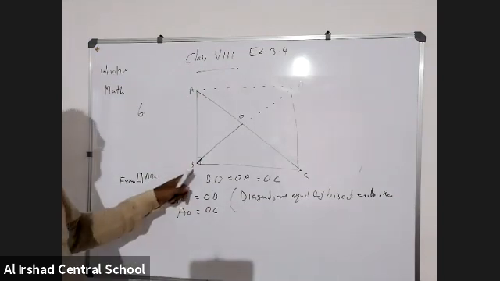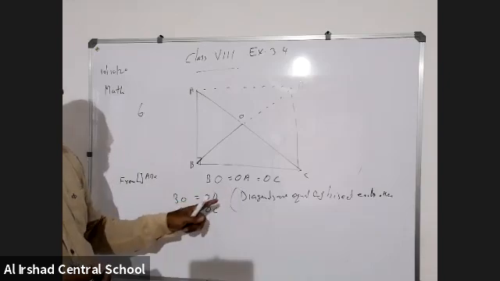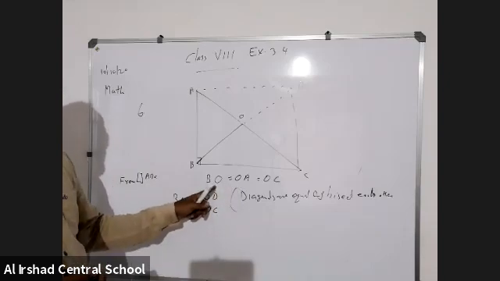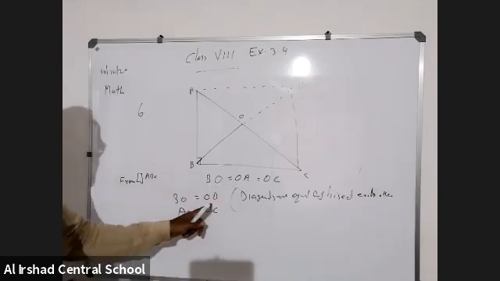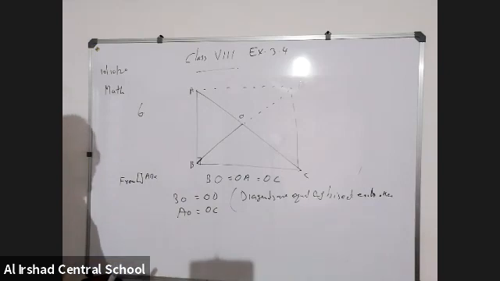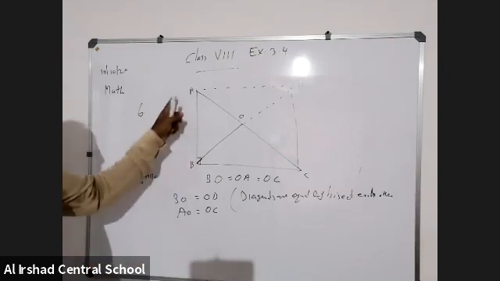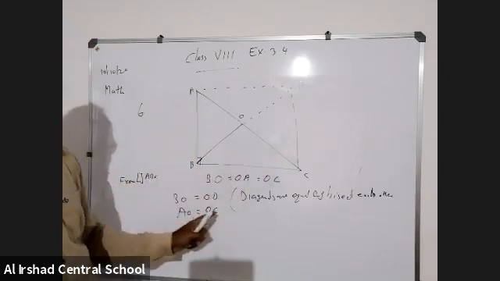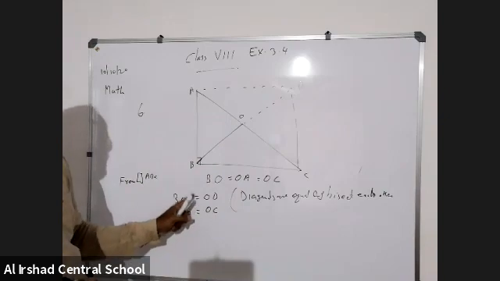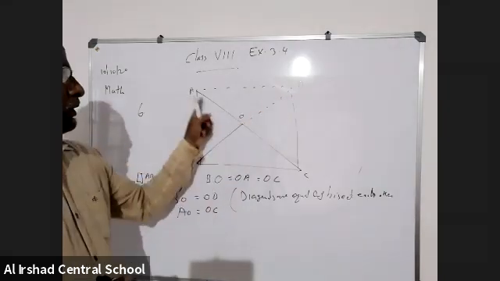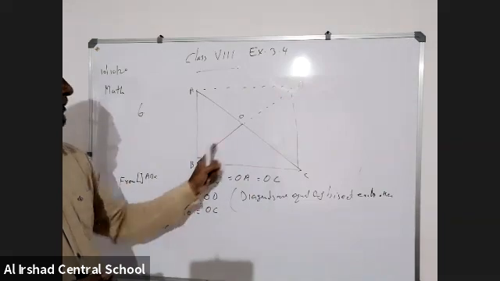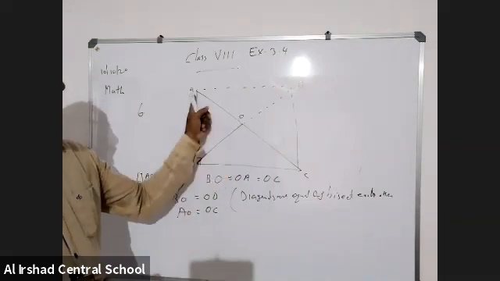What do you have to prove? BO is equal to OA. How can you prove it? AO is equal to OC. So diagonals are equal, that means BD is equal to AC. Half of BD is equal to half of AC.